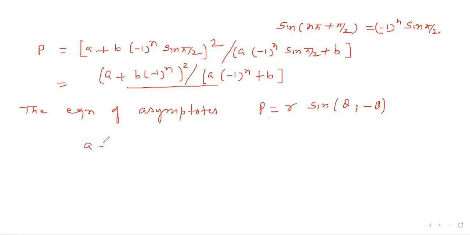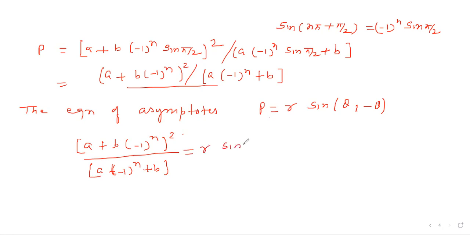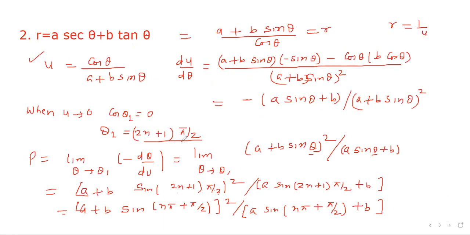So this will become a plus b into minus 1 power n whole square divided by a times minus 1 power n plus b, and r sine, in place of theta 1, we have got here theta 1 is 2n plus 1 pi by 2.